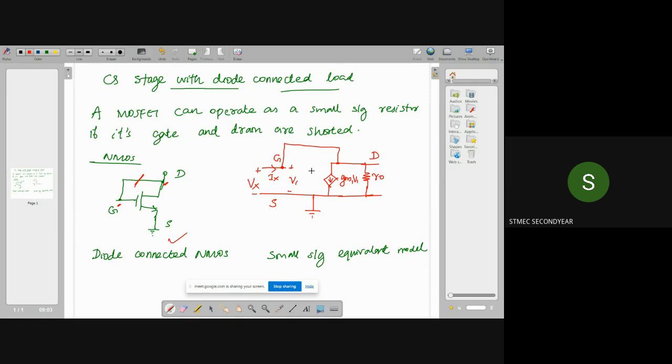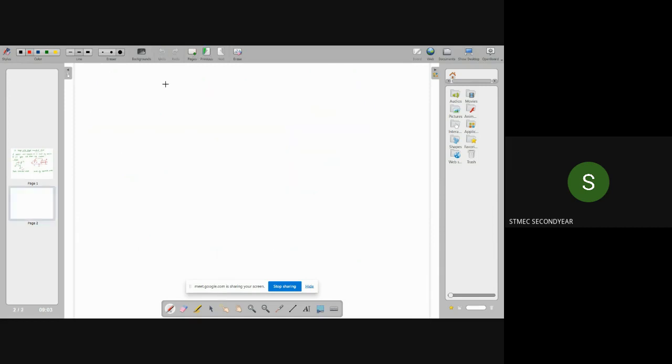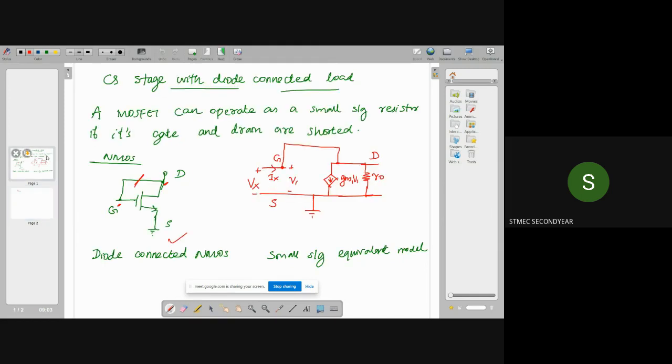To calculate the effective resistance, I am assuming a voltage of Vx is applied to the input terminal, that is between gate and source. Let the resistance offered by this circuit be Rx.